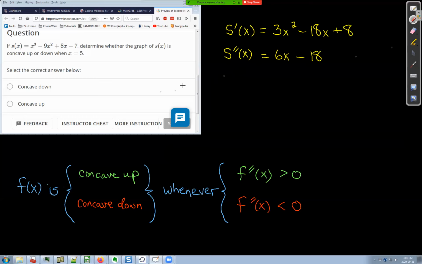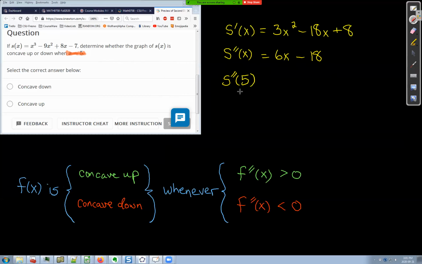Now I want to know what happens when x is equal to 5, so I'm going to put 5 into the second derivative. So s double prime of 5.